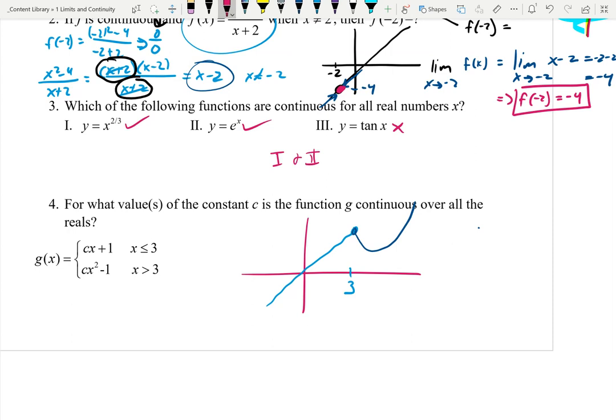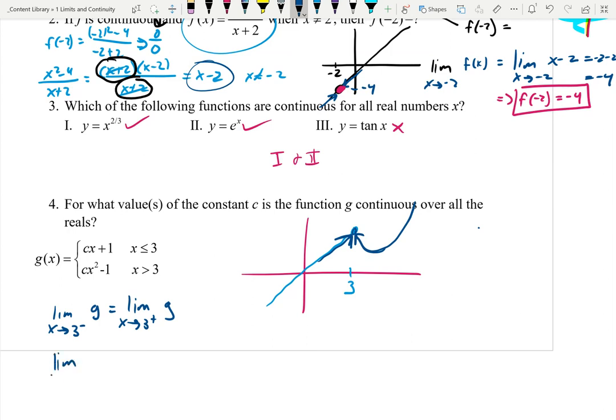So what I need to do is figure out the value of c that's going to make the limit on the left equal the limit on the right. So I need the limit as x approaches 3 from the left of the function g to be the same as the limit as x approaches 3 from the right of the function g.